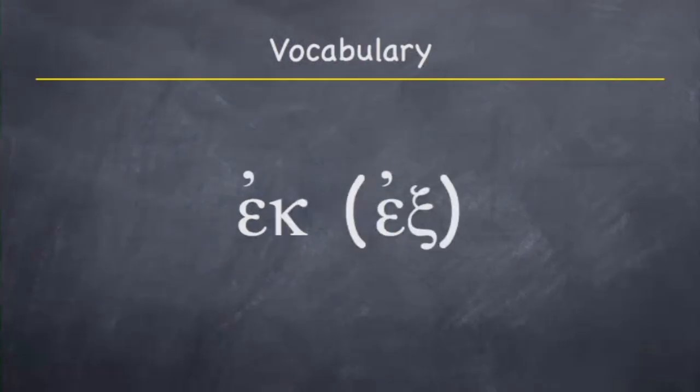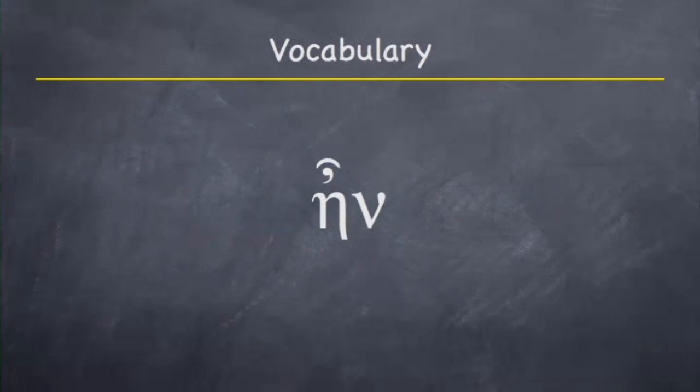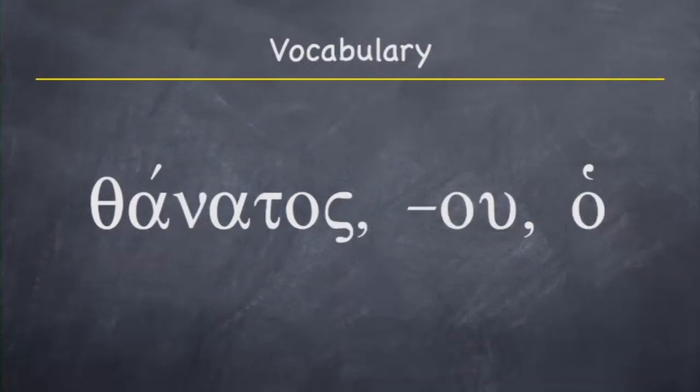Ek, with a genitive, from, out of, also pronounced ex. Hemera, hemeras, he, day. En, he, she, it, was. Thalassa, thalasses, he, sea, lake. Thanatos, thanatou, ho, death.